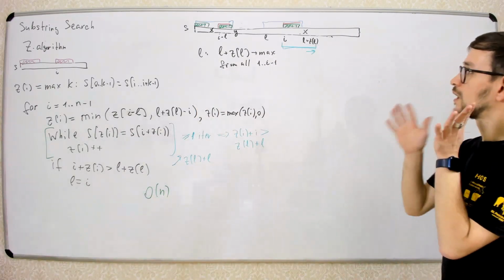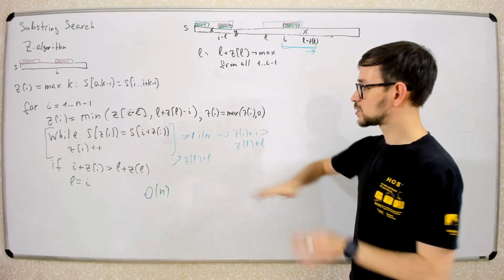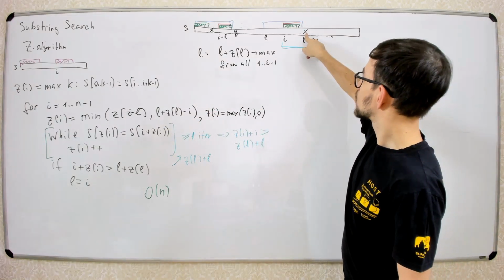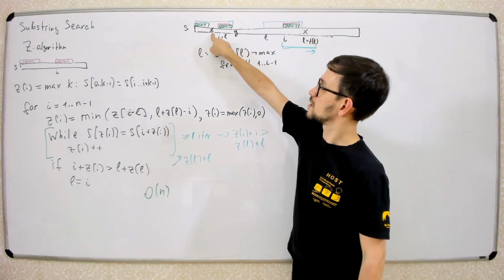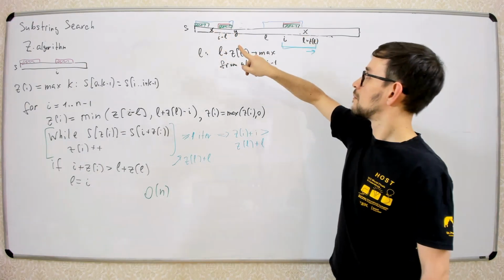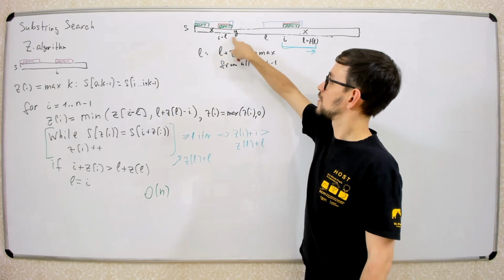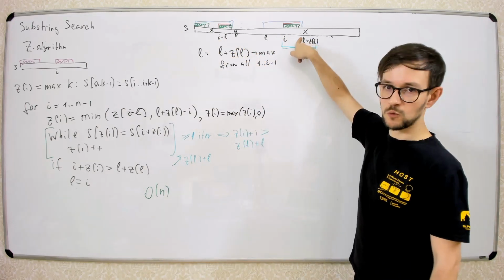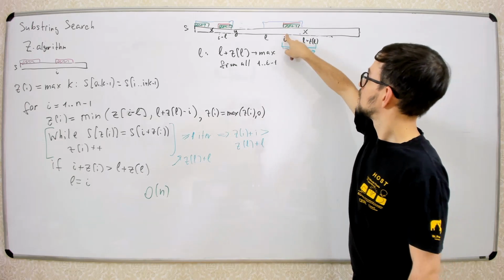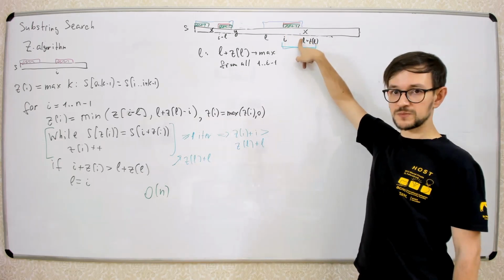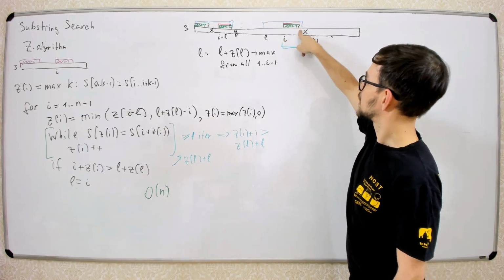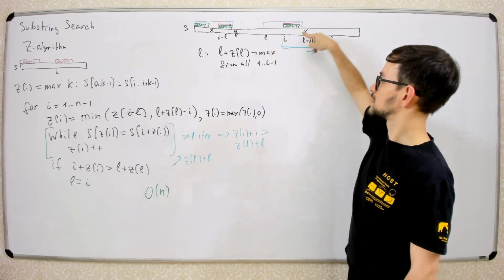Again, the proof. If you make at least one iteration of this loop, it means that your character here is the same as the character here, but in position i minus L, you had two different characters. It means that you reach the right end of this blue block. Yeah? If you reach the right end of this blue block, then your sum zi plus i will be more than sum L plus ZL.